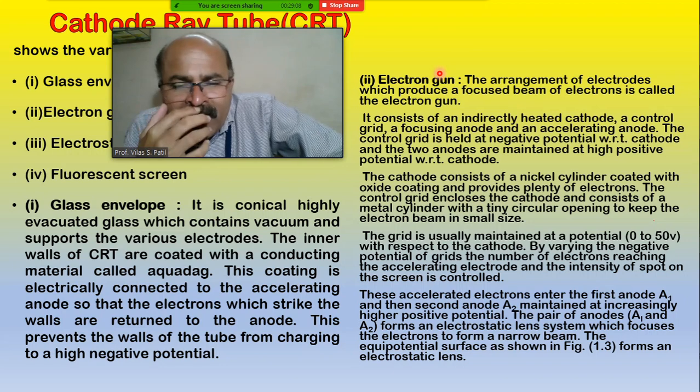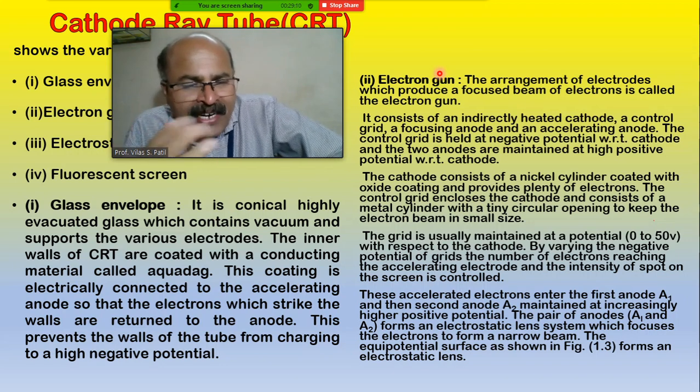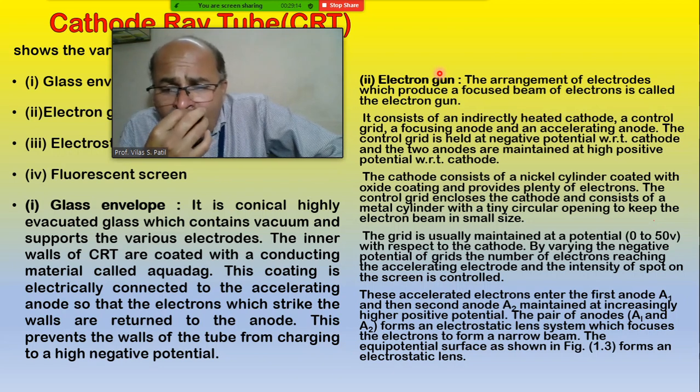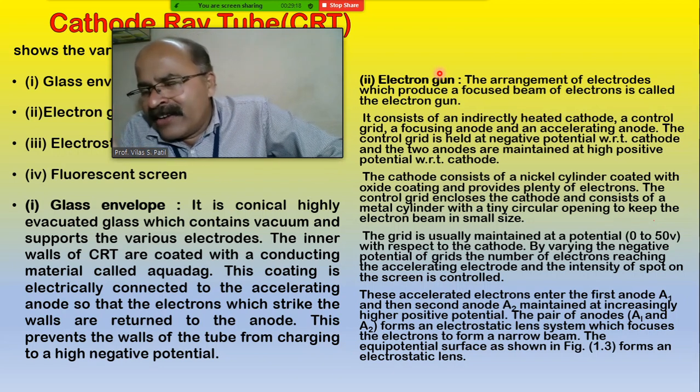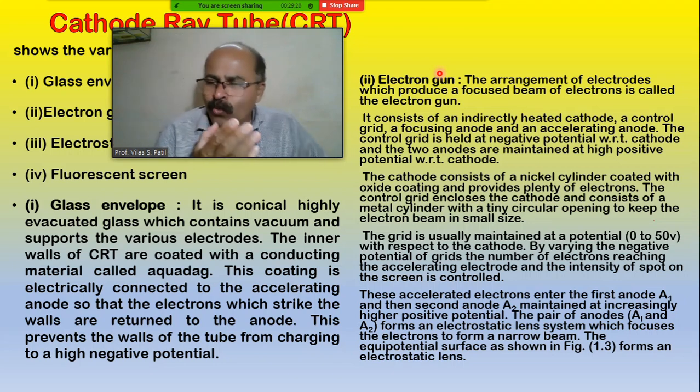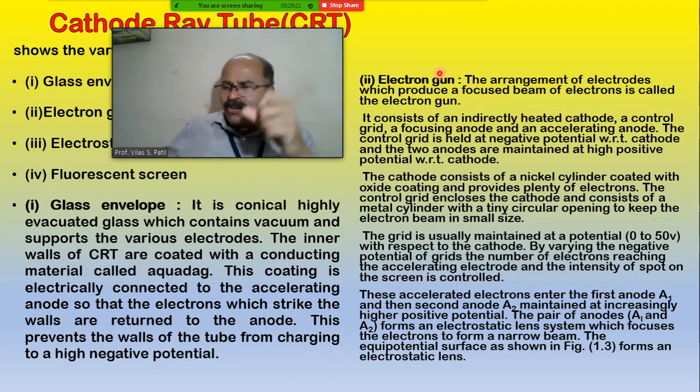I will explain it in detail. It consists of an indirectly heated cathode, friend. Like the bulb, we know the basic function of the bulb is to convert electrical energy into light energy.